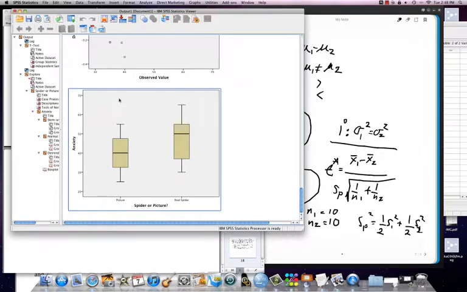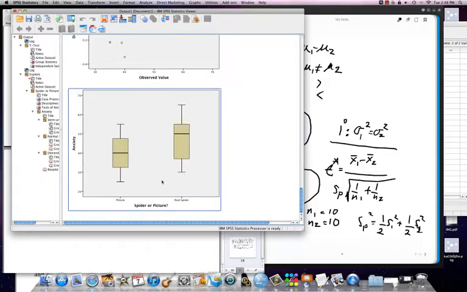This is really, really nice too. I love box plots. You guys know that. I think they're really, really great in displaying the distribution of the data. And this is really cool because, look, you're seeing everything here in one shot. You're seeing the data for the picture and then the data for the real spider and the anxiety levels. And you can see that these whiskers extend up to where the data is still consistent with the underlying profile.